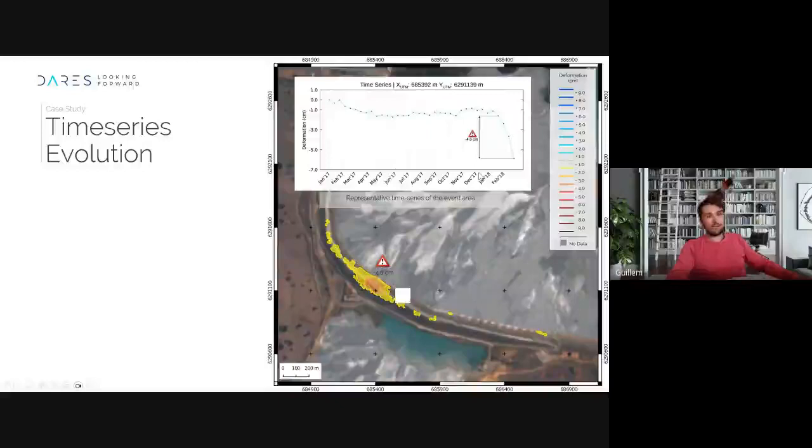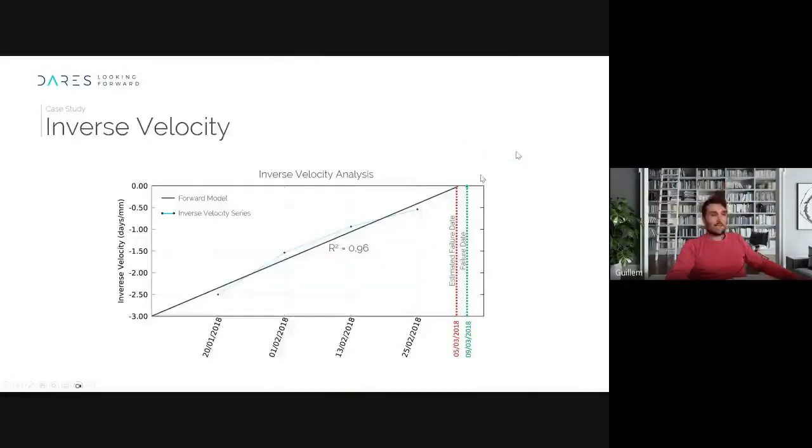So we added another image, and checked that the displacement was increasing even more and still accelerating. With this new image, from the 25th of February, we performed the inverse velocity analysis again, and estimated that the failure date was not the 3rd of March, but the 5th. And then finally, it failed on the 9th of March. So this is one thing you can do with inverse velocity analysis. Of course, this is not a slope stability analysis. It's just a fast and first approach, as I said before, using InSAR data.